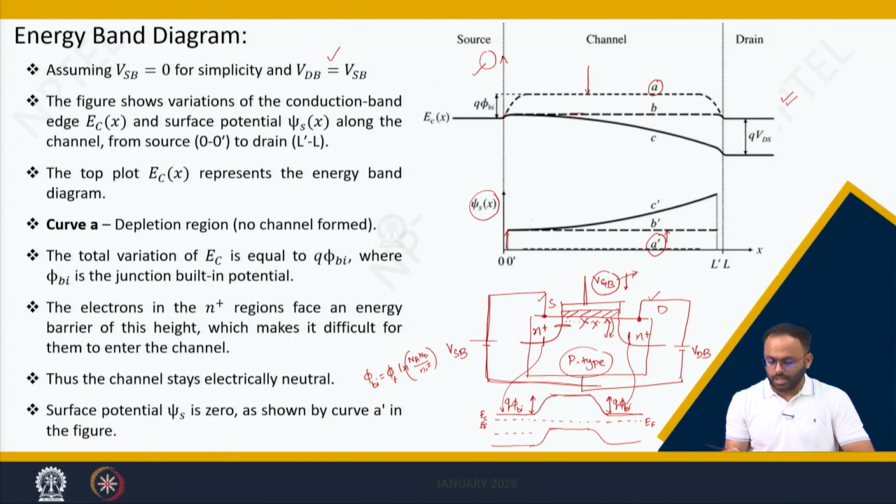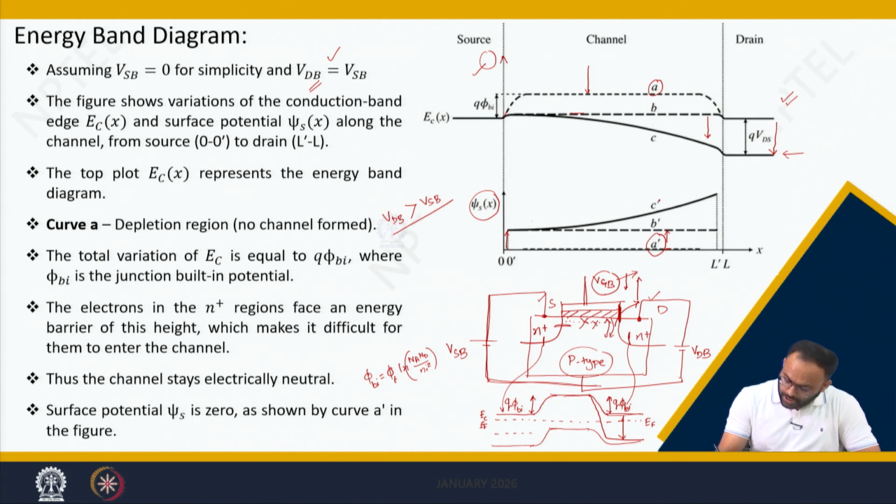Now what will happen if you increase VDS or VDB? If you increase VDB over VSB, then the bending will be lower at the drain side, because the increase in voltage reduces the potential energy, and this graph shows the potential energy of the electron. Similarly, when you increase the drain voltage, this side of the junction gets a higher surface potential.